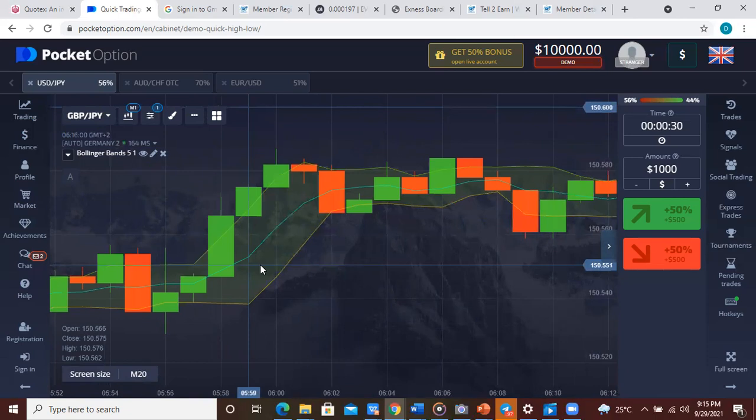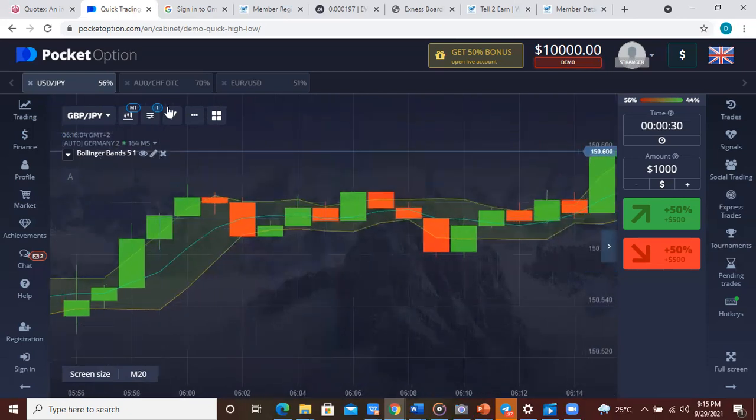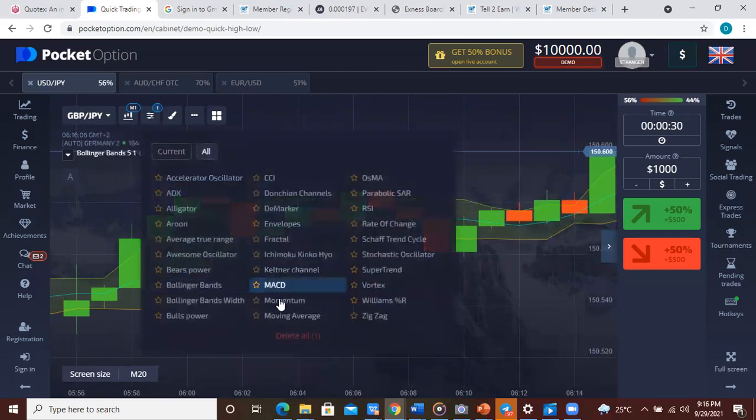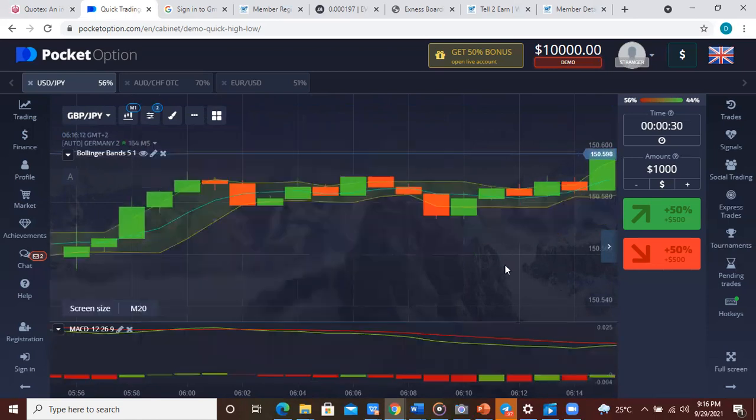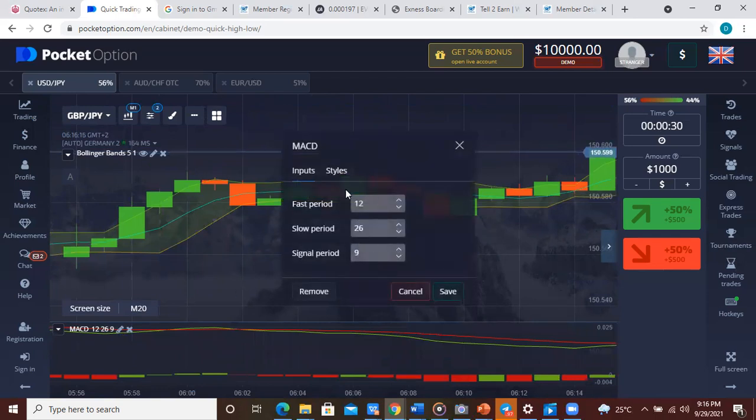All right. Okay. So it's also just like the MACD and any other one that you can modify. So example is the MACD. When you come over here, you can also modify the numbers over here and then you save it.